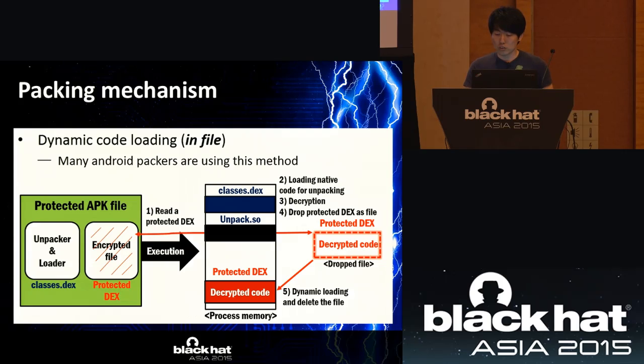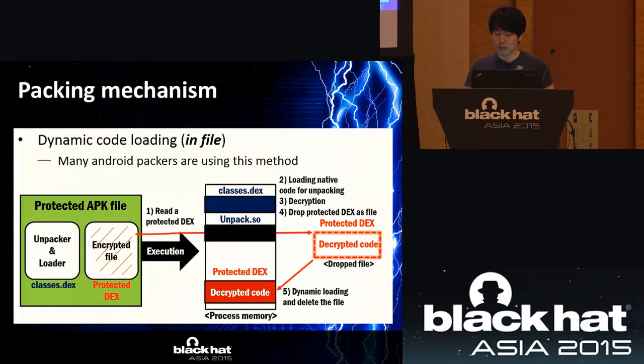The unpack code executed first can be in the form of Java bytecode or machine code by loading an additional unpacking module. In this slide, the unpacking routine is in unpack.so at native level. Unpack.so loads the encrypted Dex file to memory and decrypts it in memory.